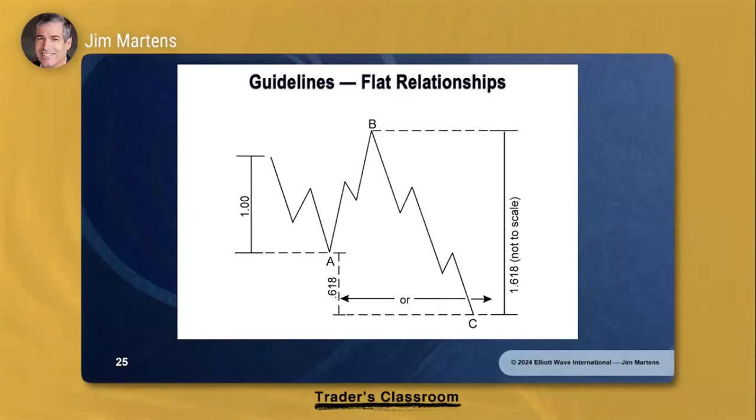Because what we're doing is there are different ways to calculate where a correction might end. We have the area of the fourth wave, to a lesser degree its extreme. We have internal relationships within the different patterns, zigzags, etc. And we have just the standard 38.2%, 61.8% retracements of the prior wave corrected.